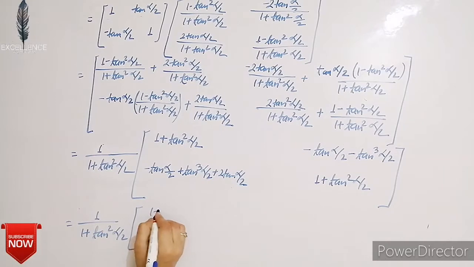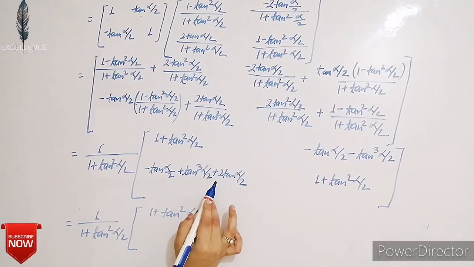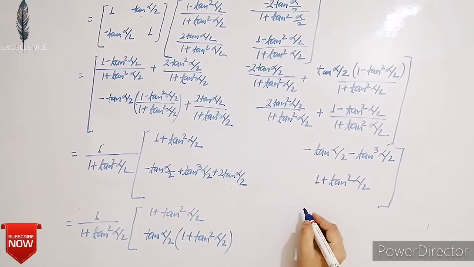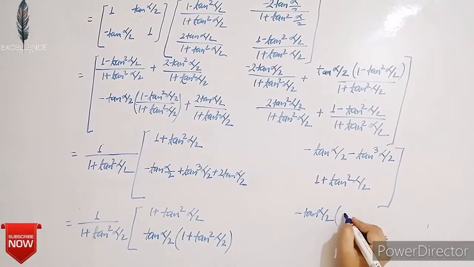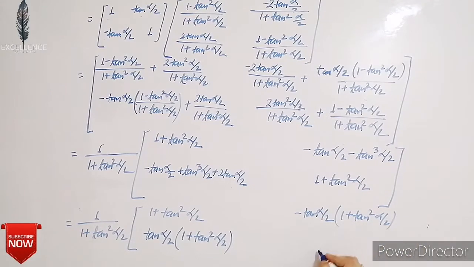Now the first element is 1 plus tan square alpha by 2. Here in the second row, first element is tan alpha by 2, taking tan alpha by 2 common, so it is 1 plus tan square alpha by 2, and the 1 2 element, taking minus tan alpha by 2 common, then we have 1 plus tan square alpha by 2, and the last is 1 plus tan square alpha by 2.